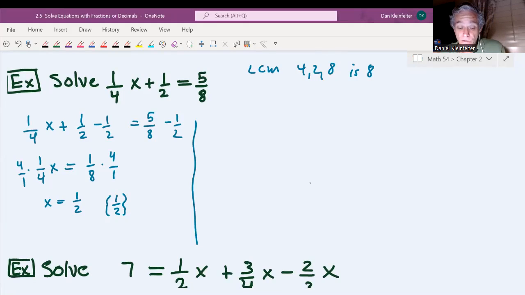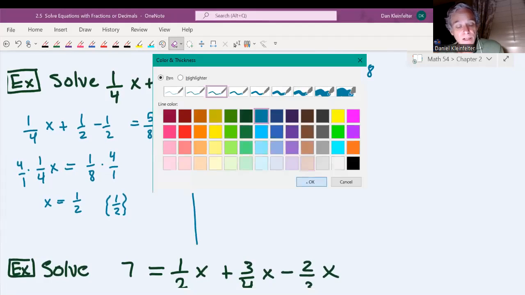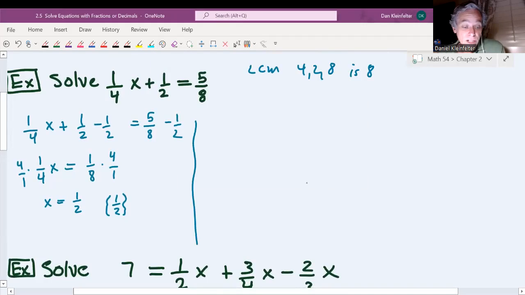As you know, you can always multiply both sides of an equation by a number. We usually do it to help us solve things. We'd multiply both sides of 1/4 x equals 21 by 4 in order to make the x be a 1. But in this case, we're going to do it so that the fractions all go away.